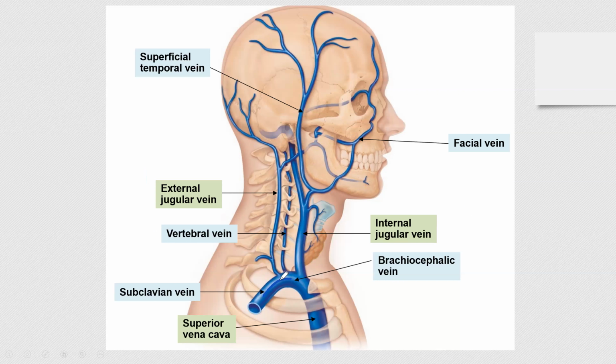So here's our brachiocephalic vein. When the subclavian vein fuses with the internal jugular, you have a brachiocephalic vein. And brachiocephalic vein goes to the superior vena cava, and then back to the heart.